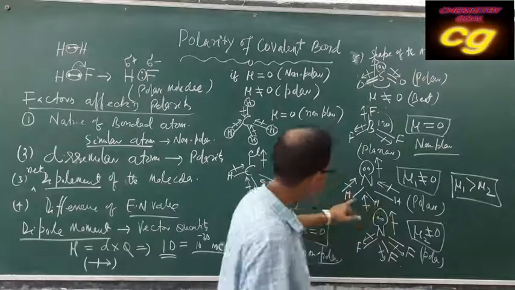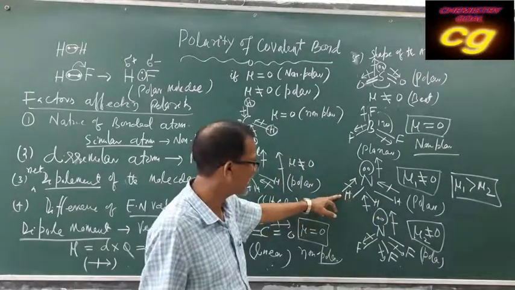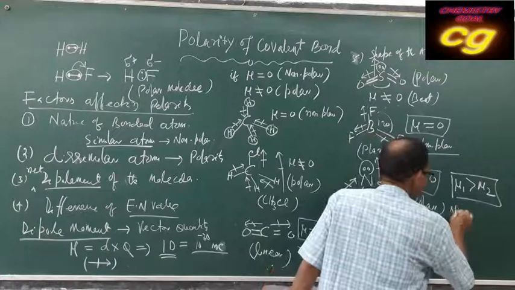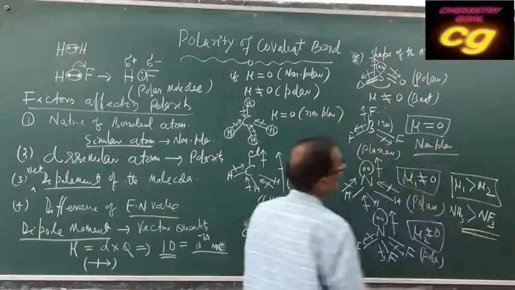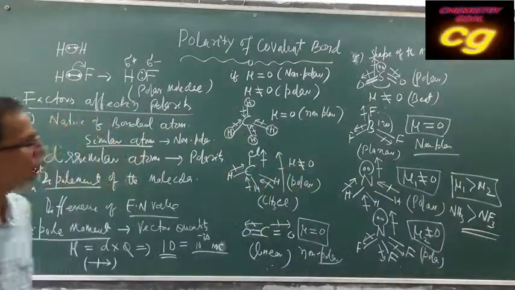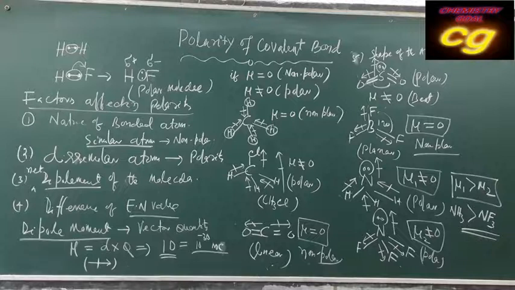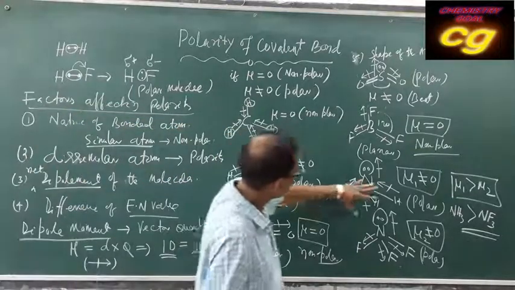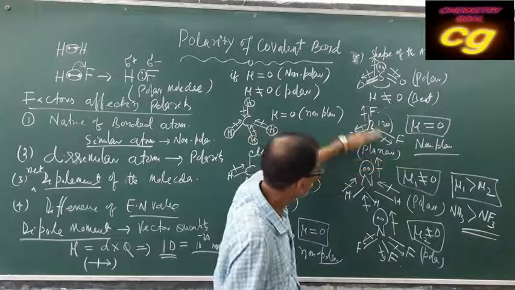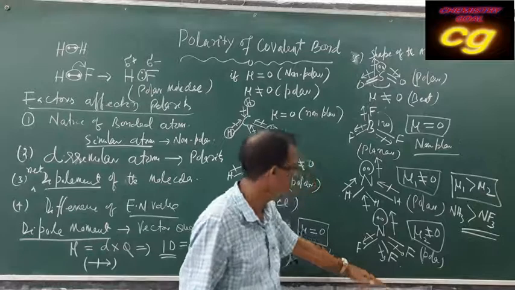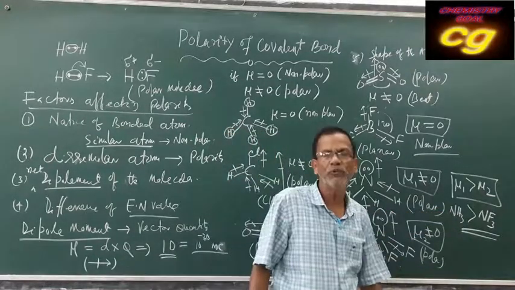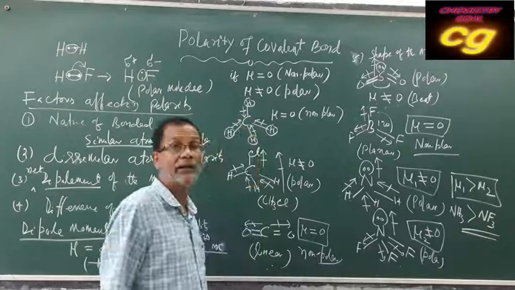That's why NH3 is more polar than NF3. In NH3 all dipole moments are in one direction; in NF3 one is upward, other downward, so the value is less. That's why ammonia is more polar than NF3.